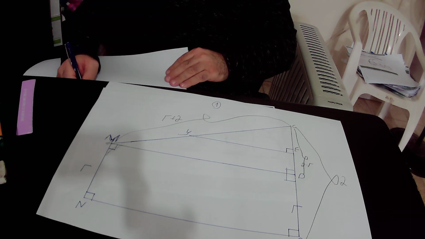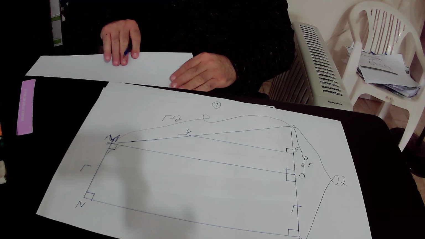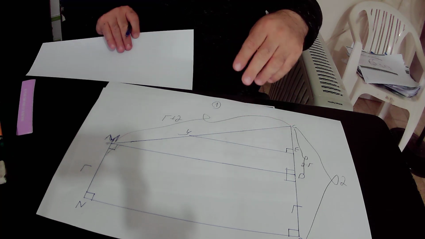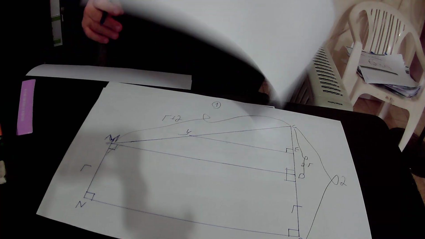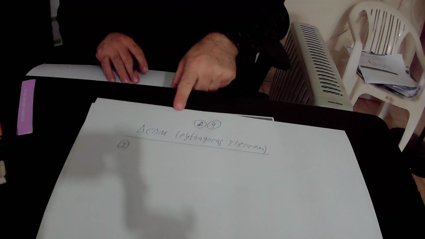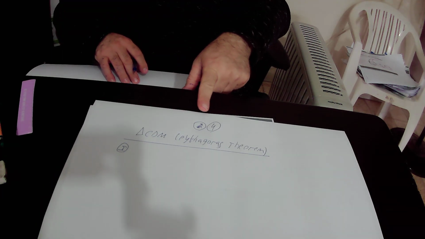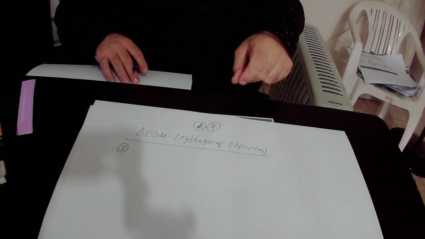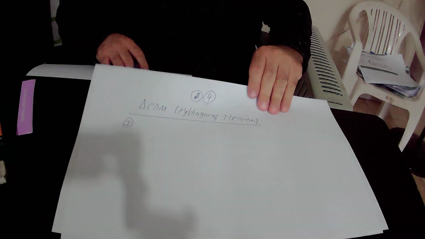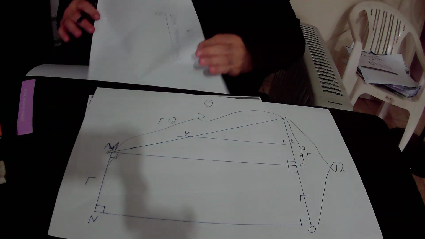I will repeat again. In the right triangle CDM, according to the Pythagoras theorem, the square of the hypotenuse equals the sum of the squares of the perpendiculars.